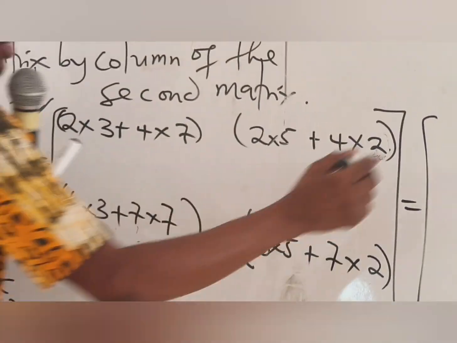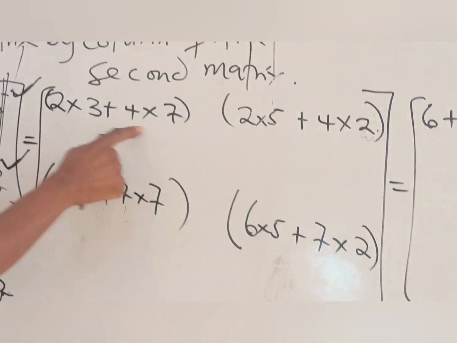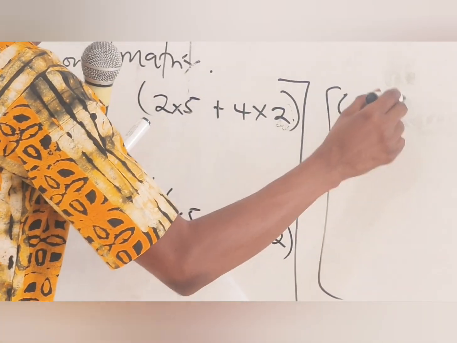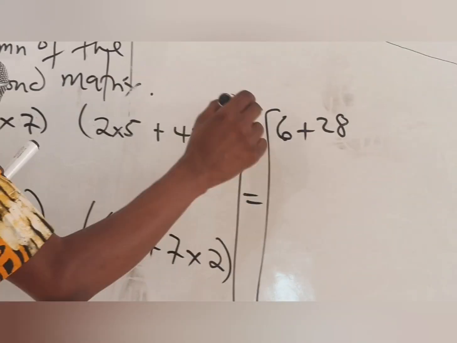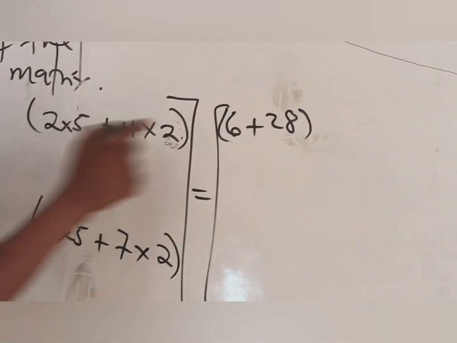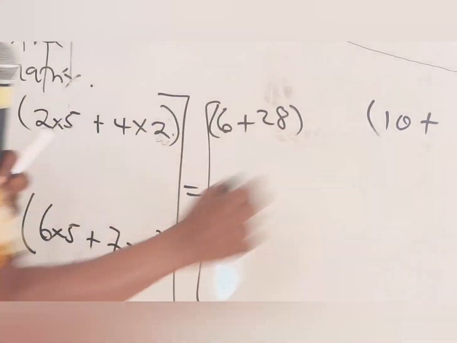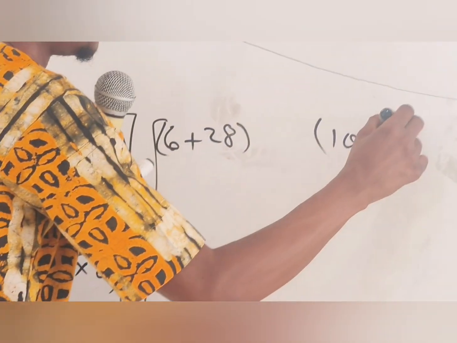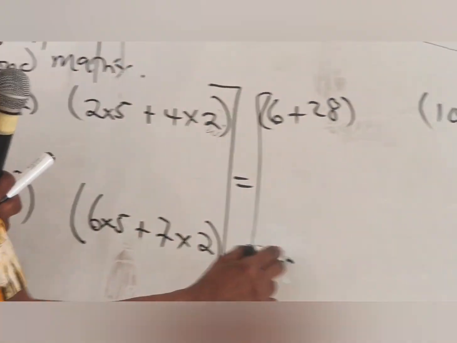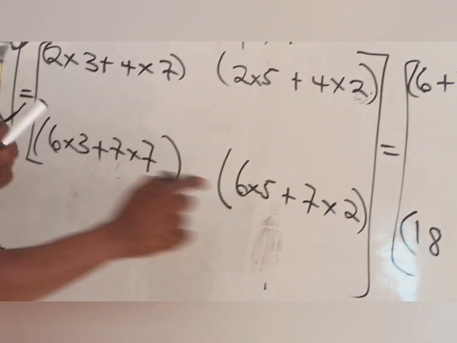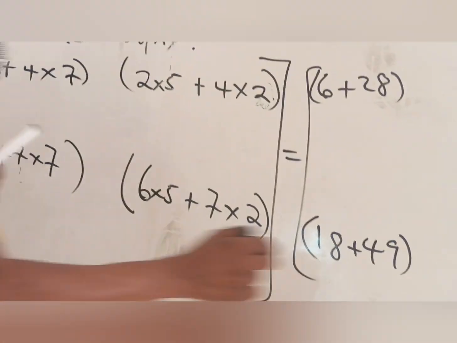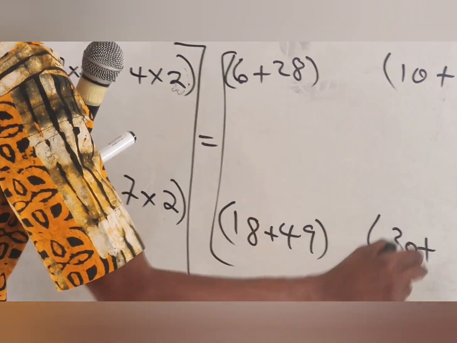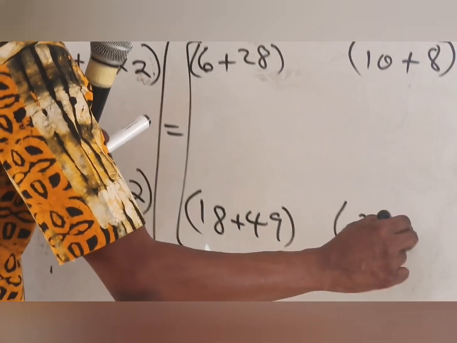2 by 3, 4 by 7 is what? This is 8... Then 2 by 5, 10, 4 by 2, 8, 6 by 3, 7 by 7, 6 by 5, that's it. 7 by 2, 14.